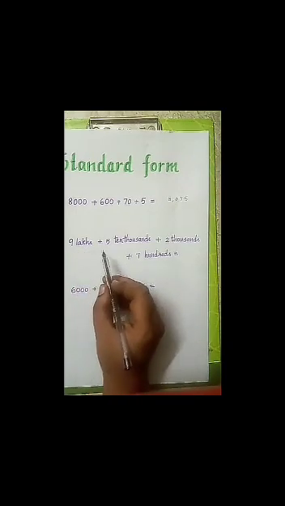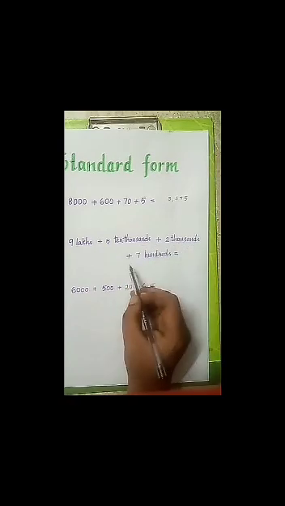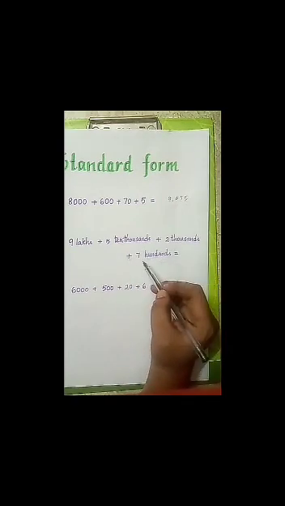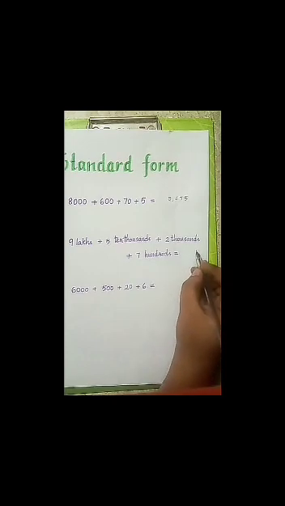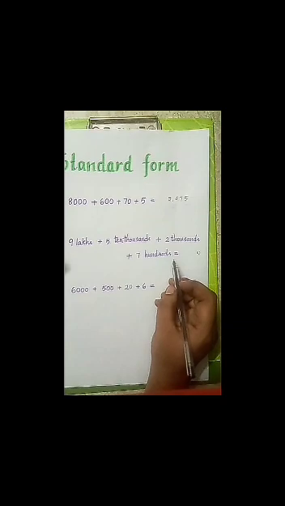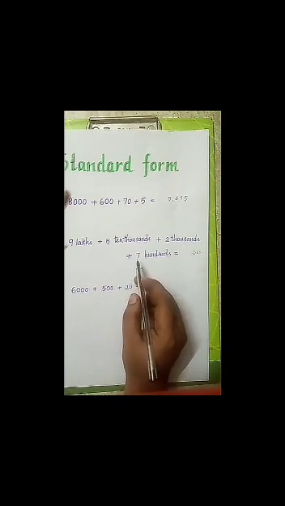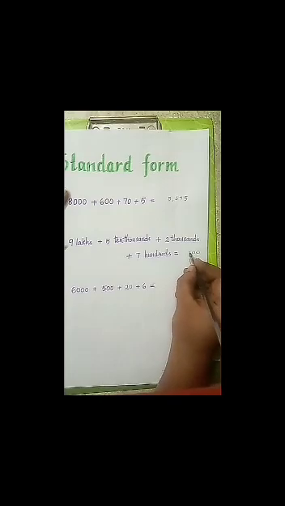Now next question is 9 lakhs plus 5 ten thousands plus 2 thousands plus 7 hundreds equal to. We have to start from the ones place. Here no ones digit, so we will put 0. So next see tens place. Here also no tens place, so we will put again 0. And see 7 is at the hundreds place. We will put 7.